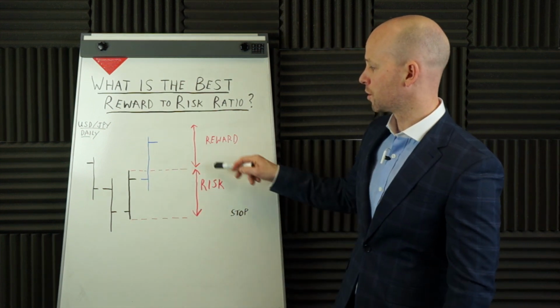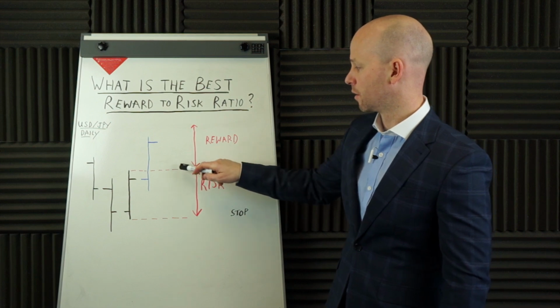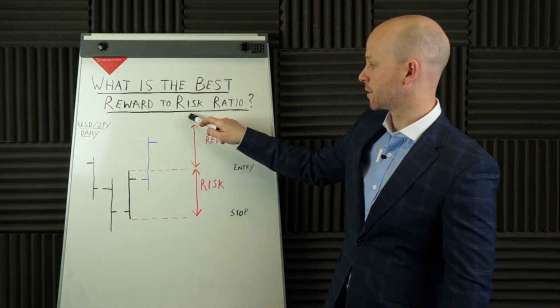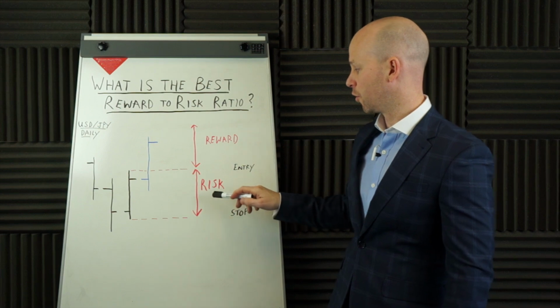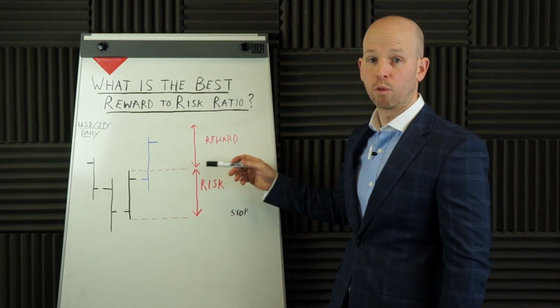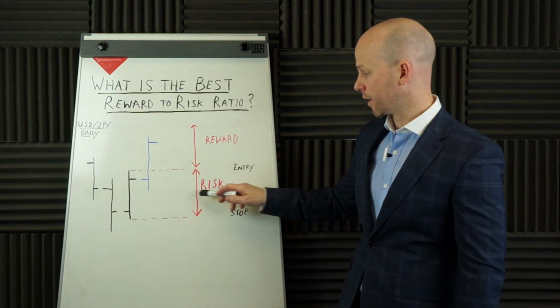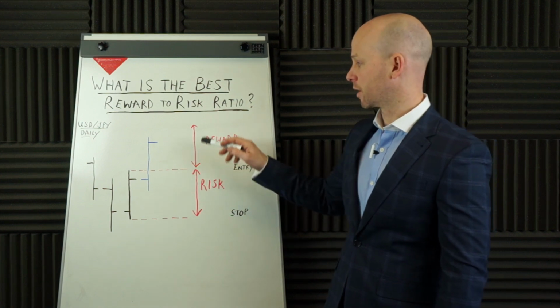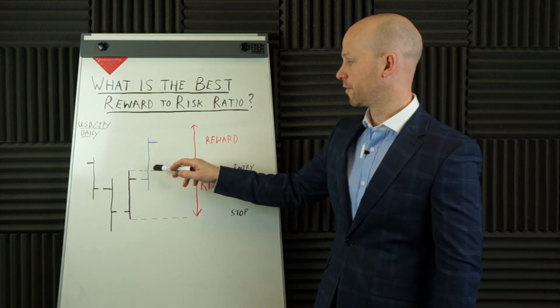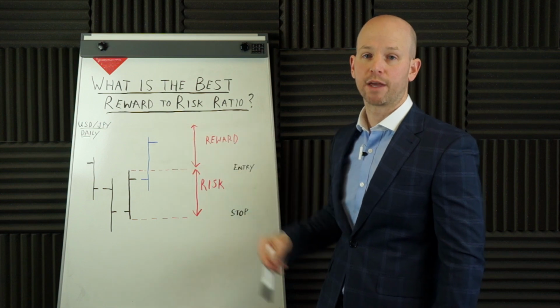Now, our reward is going to be between where our entry was and where our exit was. If we were looking for a 1-to-1 reward to risk ratio, then we know our risk was 50, and we're going to set a profit target 50 points away from our entry.